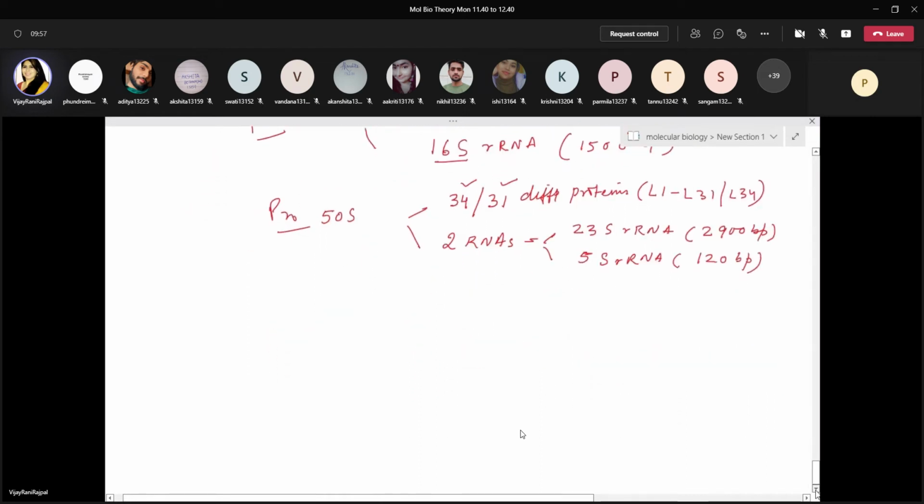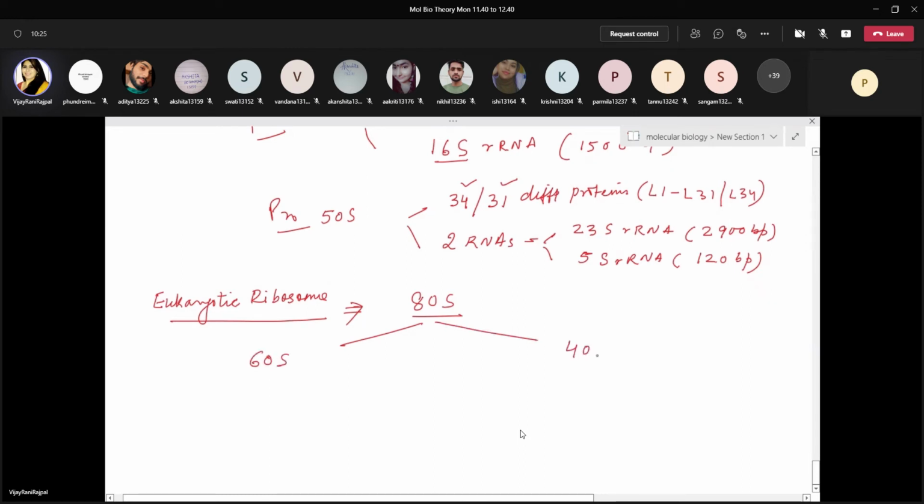Likewise, you have ribosomes in the eukaryotes also. So eukaryotic ribosomes. The sedimentation coefficient of eukaryotic ribosomes is 80S. Once again, 80S can be differentiated into two subunits, 60S and 40S.